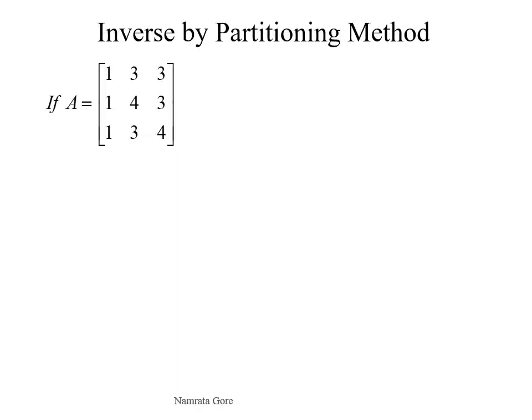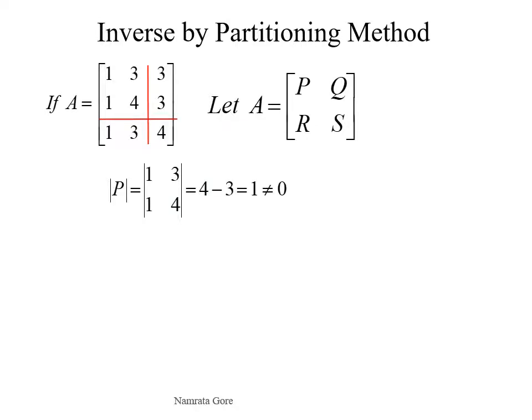Consider a matrix A which is a 3 by 3 matrix. For this matrix we need to partition it into 4 parts P, Q, R, S. Comparing the elements of A with P, Q, R, S, P should be a square matrix and a non-singular matrix, that is, its determinant is not equal to 0, such that the inverse of this matrix should exist.